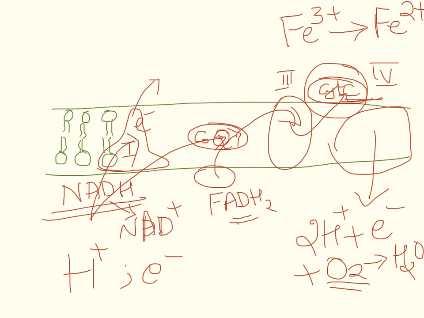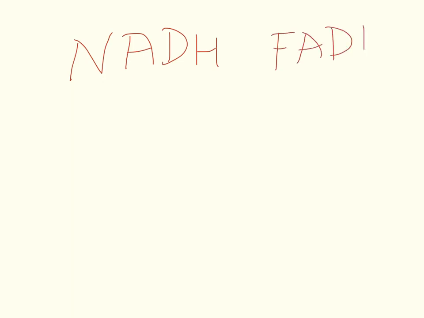Now, again, to summarize, the NADH and FADH2 from the citric acid cycle enter the electron transport.